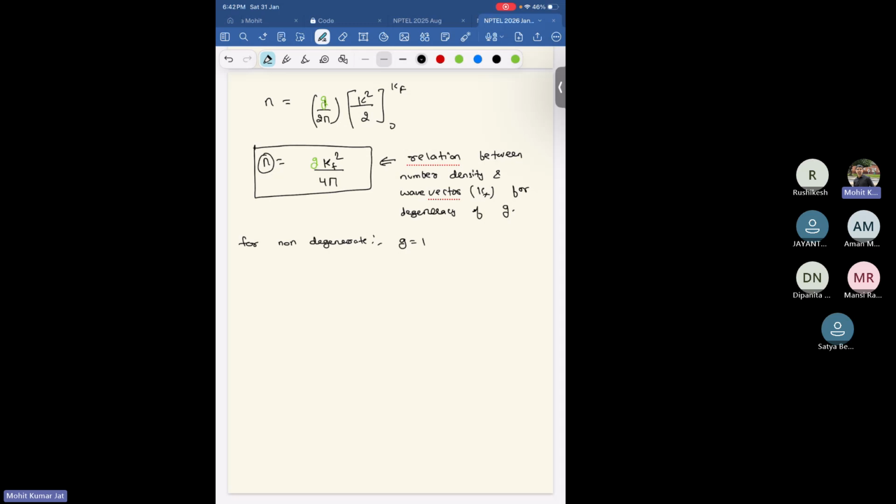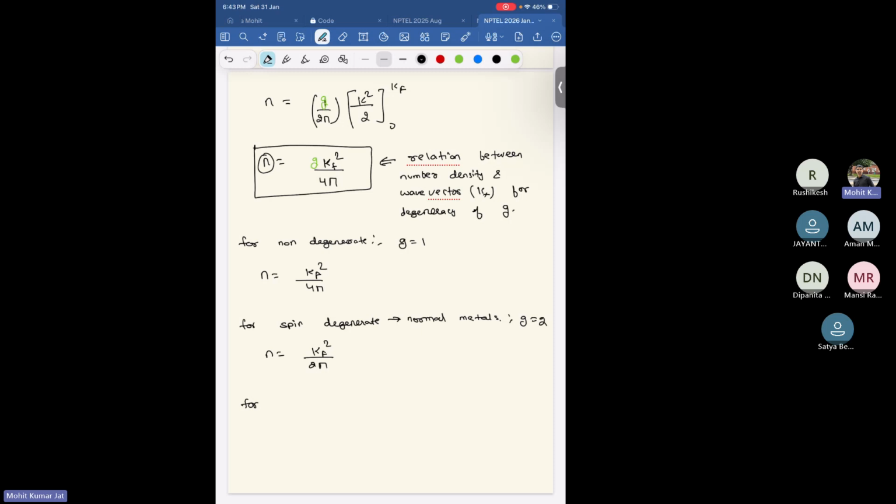G equals 1, so you get n equals kf square by 4 pi. For spin degenerate, like normal materials, normal metals, G equals 2, so your n will be kf square by 2 pi.